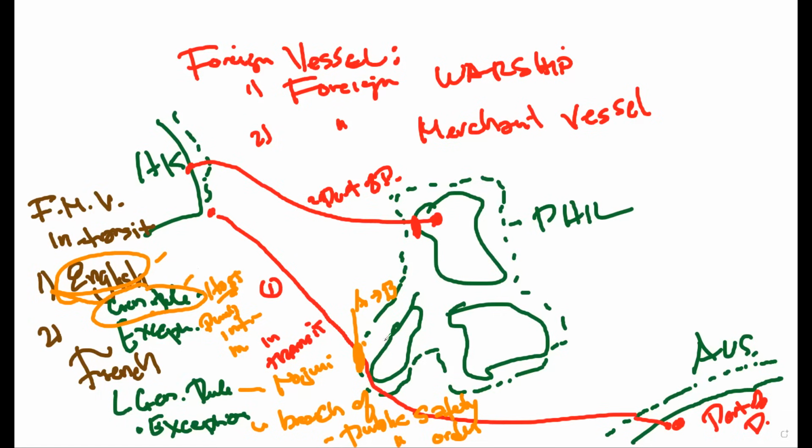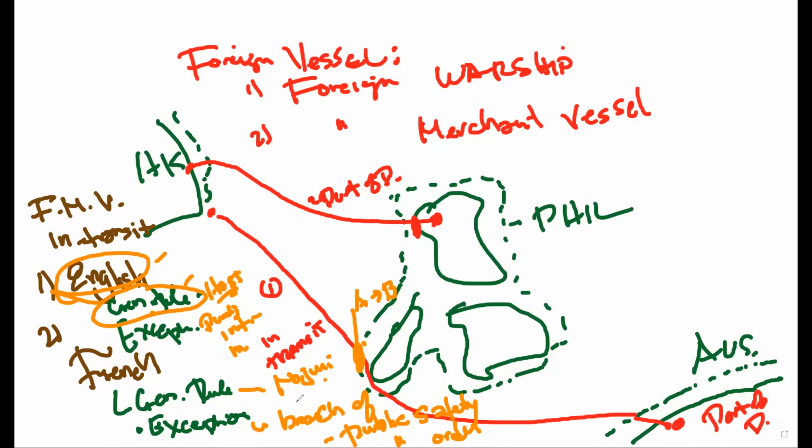French rule. Host country, no jurisdiction, except it involves breach of public safety or order. Meron bang breach? Yes. Kasi may patayan eh, di ba? So, yung tranquility ng nation is at stake.